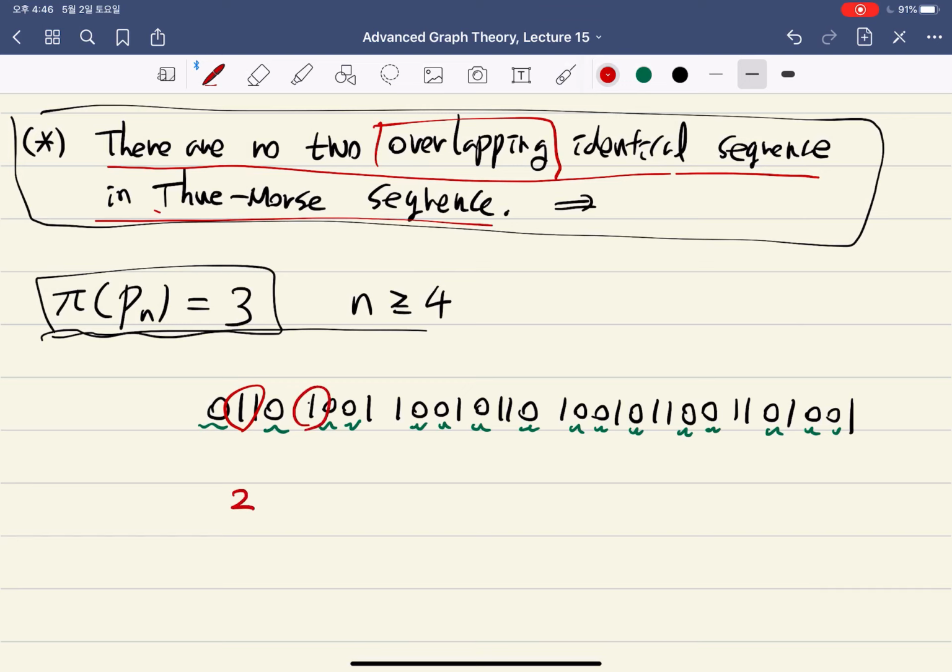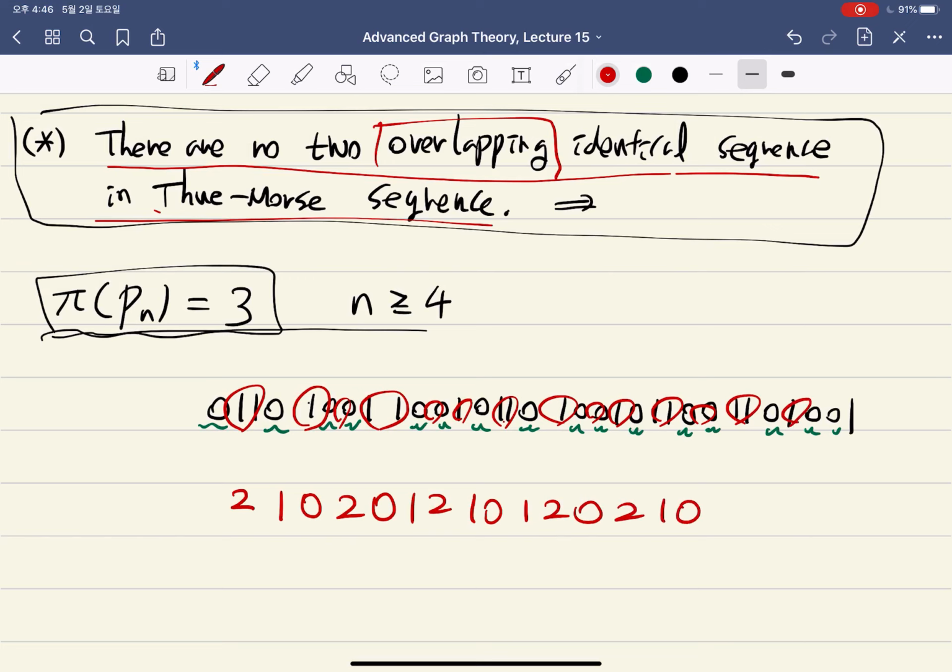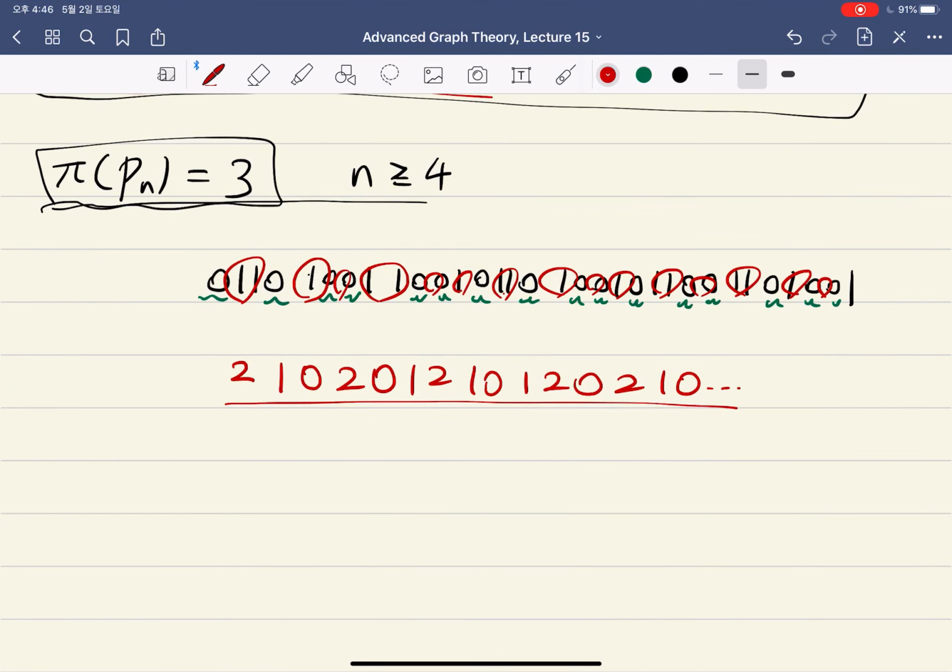There are 2, there are 1, there are 0, there are 2, 0, 1, 2, 1, 0, 1, 2, 0, 2, 1, 0, and so on. We consider this sequence. This sequence has 3 letters, so this is a ternary sequence. And then this is actually non-repetitive.